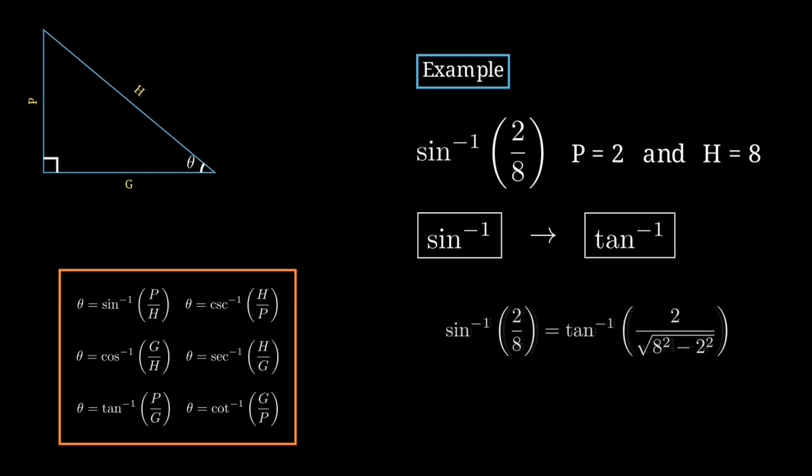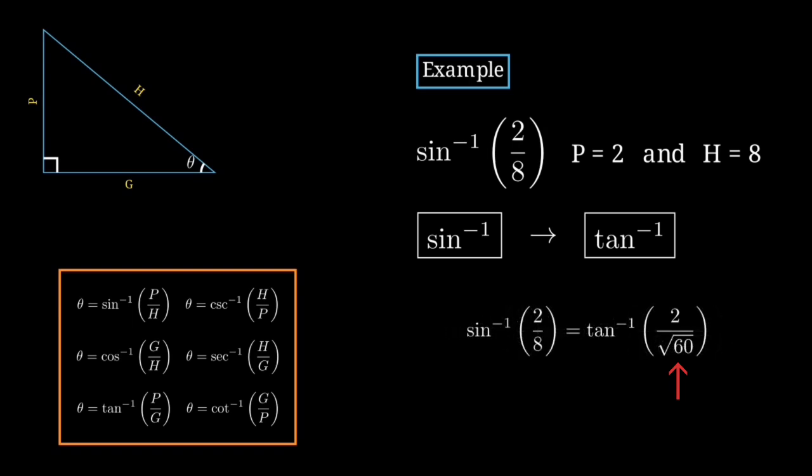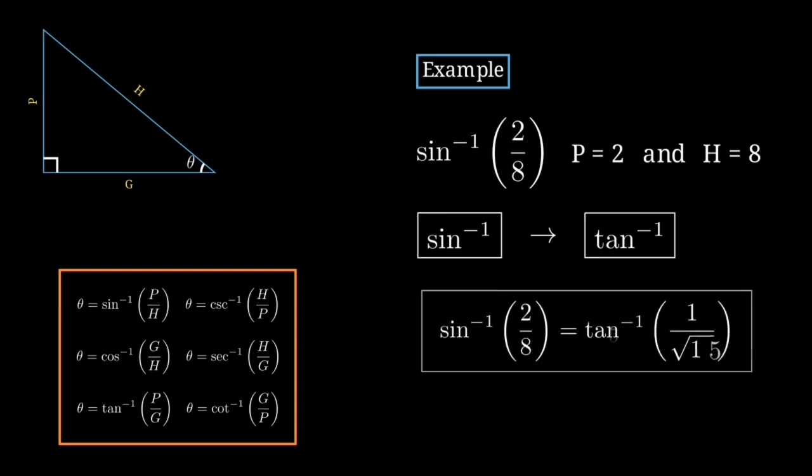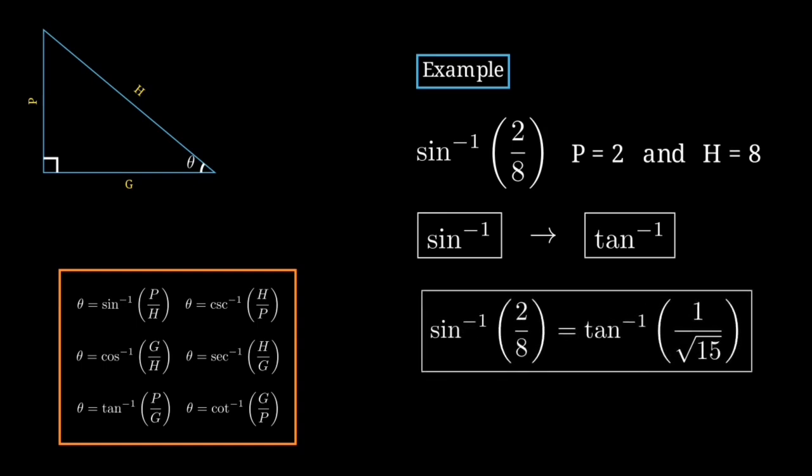P is 2, so P squared is 4. 64 minus 4 is equal to 60, which simplifies to sine inverse of 2 by 8 equals tangent inverse of 1 by square root of 15. And this is our final result. The identity perfectly connects a sine inverse expression to a tangent inverse.